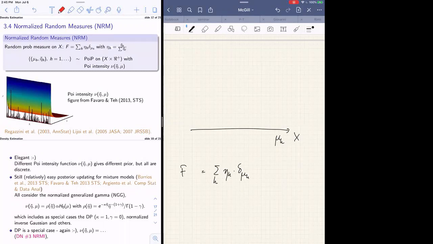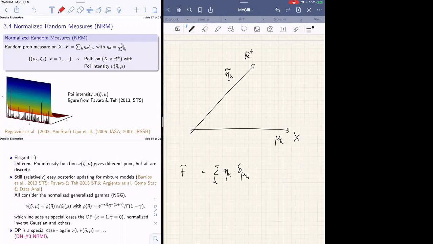What I'll do for the construction is first augment the space by adding here the R plus. So here's the positive real line. On the positive real line, let's denote it with eta sub h tilde. Eventually I'll have the f.